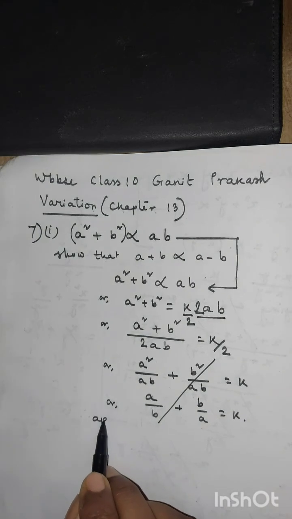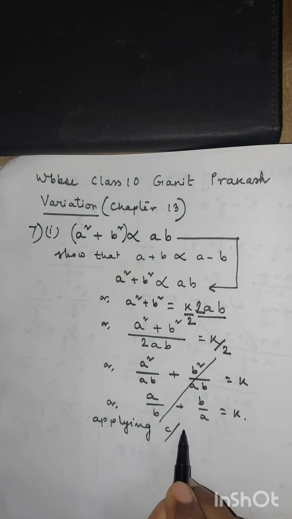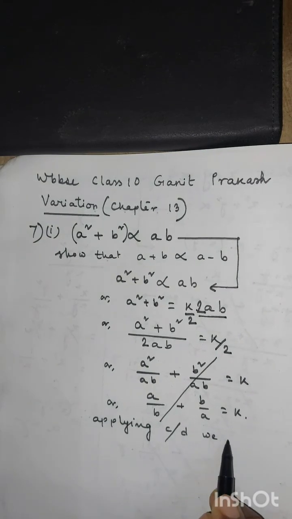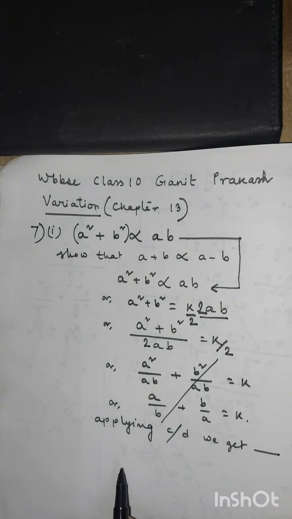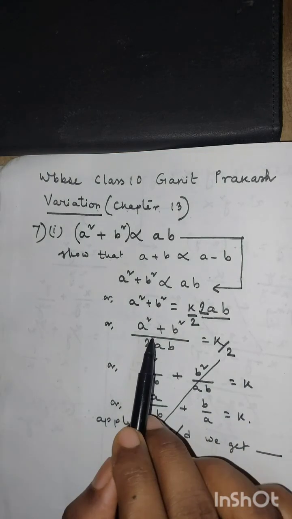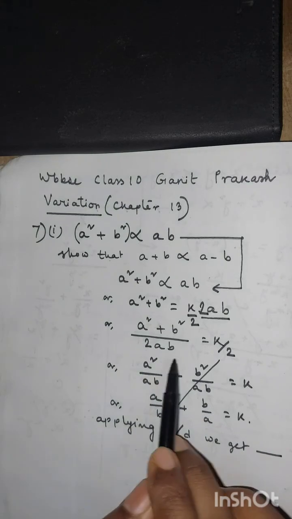So applying componendo dividendo, we get numerator plus denominator by numerator minus denominator.